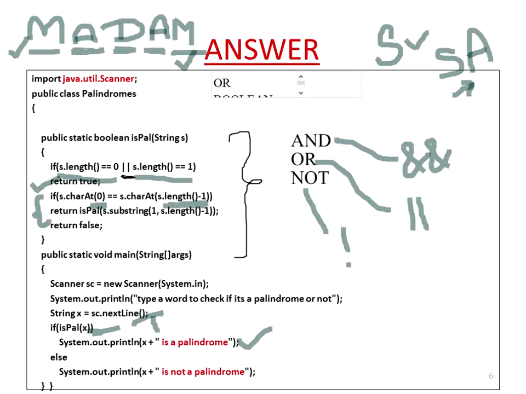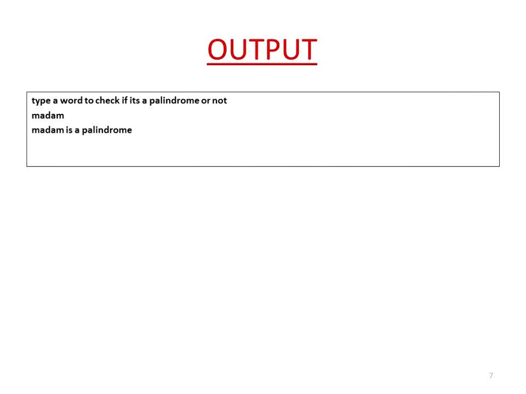And it will print that this word is a palindrome. If this does not match, it will return false, and it will print that it is not a palindrome. So that's why when you use madam, the result is madam is a palindrome. Now if you write the same program and you give hello, what will be the output?